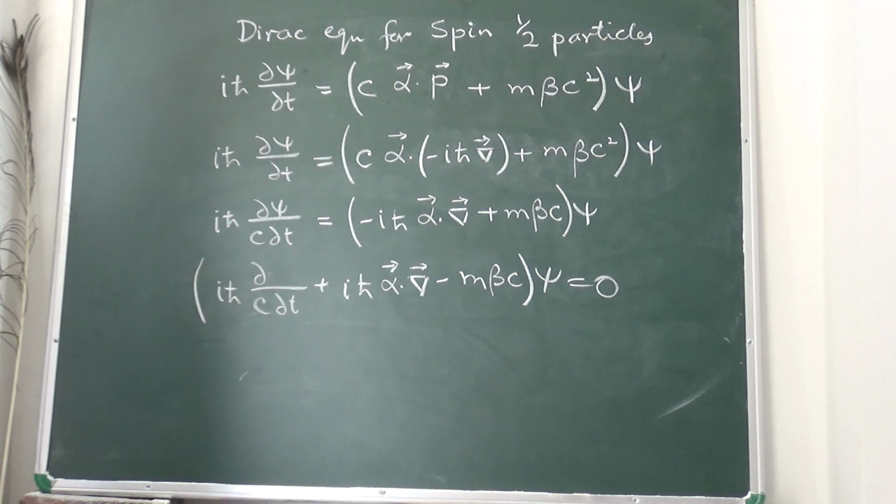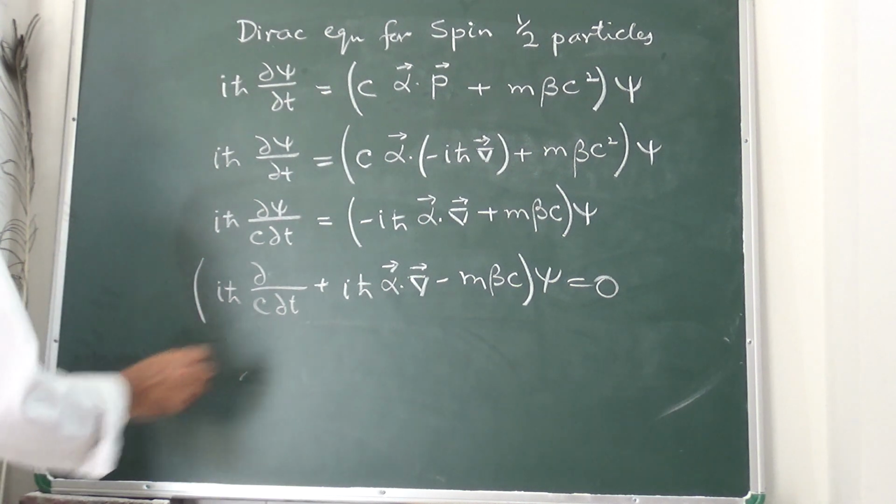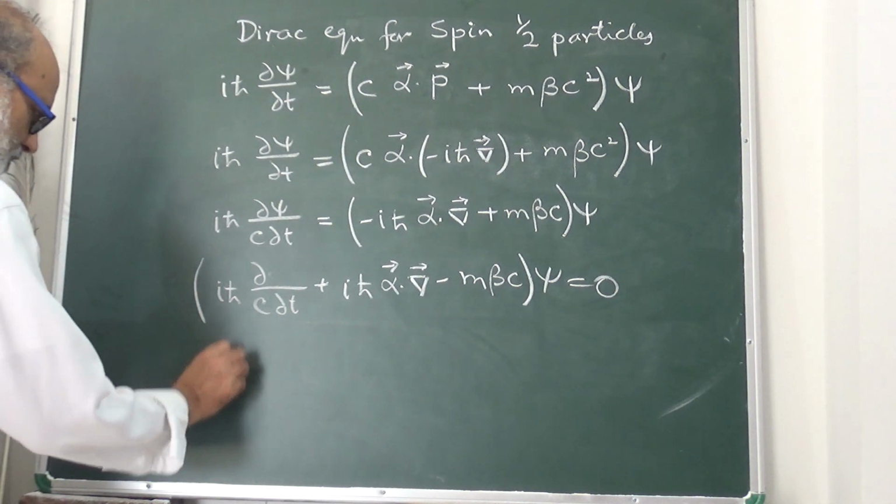Now multiply by beta. So this will be h cross.